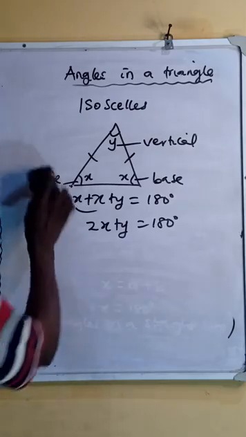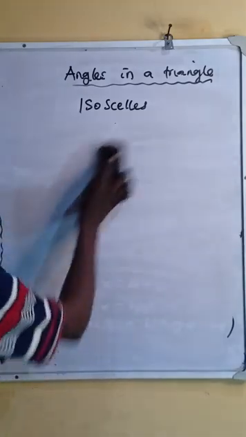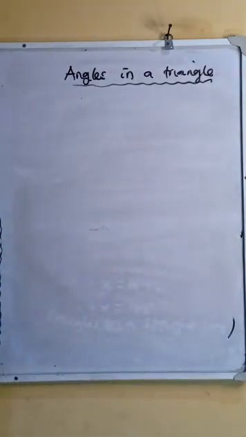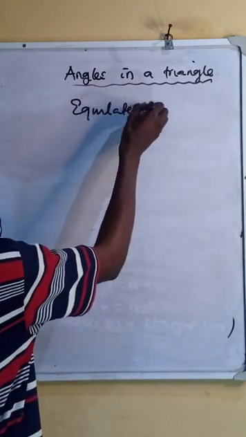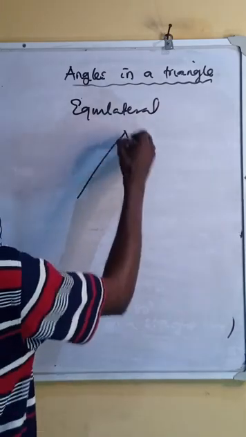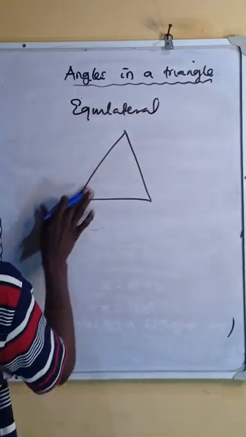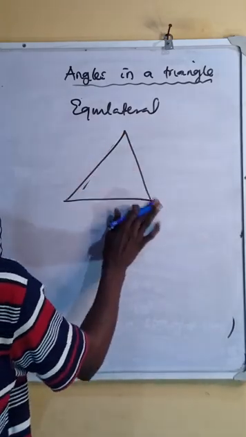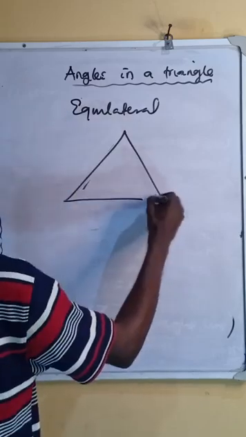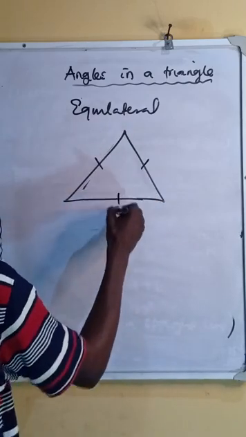Another one is when you are dealing with an equilateral triangle. Please, this drawing is not to scale. If you are dealing with an equilateral triangle, remember that all sides are equal.